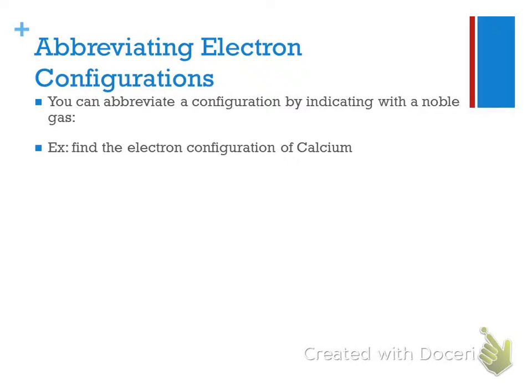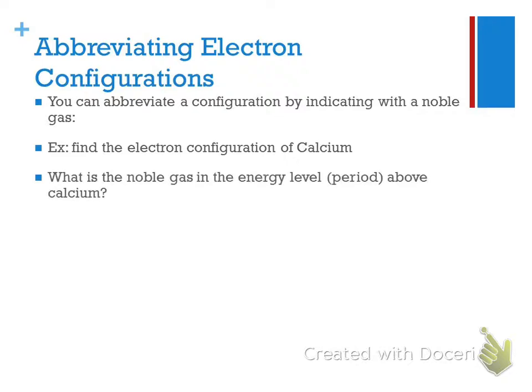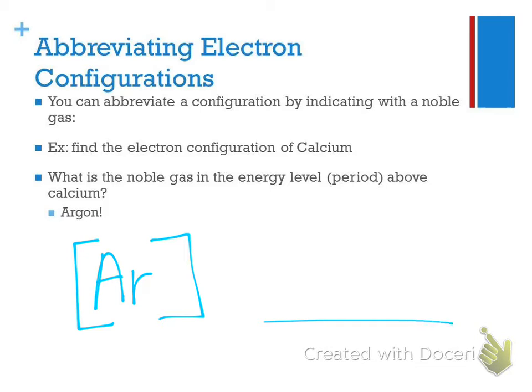So if we want to define the electron configuration of calcium, this is how we would find the abbreviated one. Let's look at calcium on your periodic table. What's the noble gas in the energy level above that? Argon. So the way we would abbreviate this is we would say our electron configuration is the same as argon plus whatever goes after it.